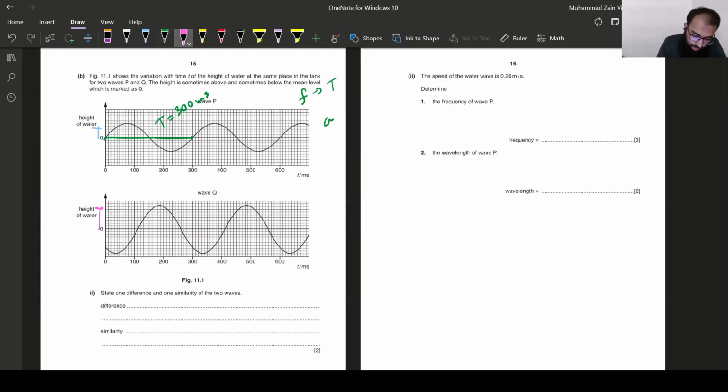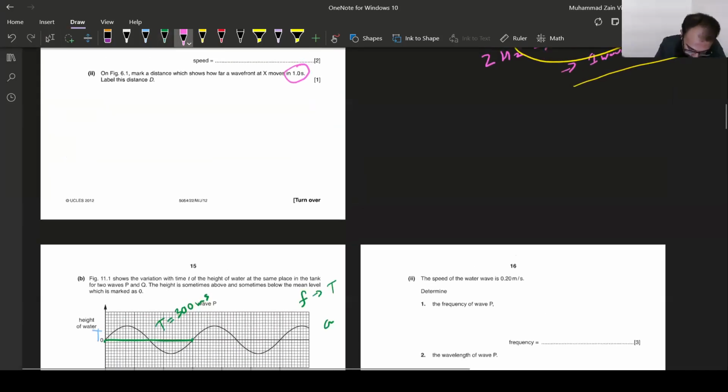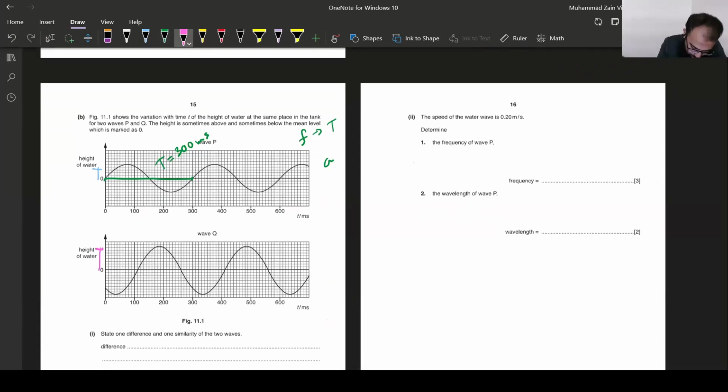Then when I come to the next wave, I mark a whole wavelength. The wave starts from here and ends here. So it starts at 110 and ends at 410, so this whole thing becomes equal to 300. That's the time period of the second wave. So both waves have the same time period.